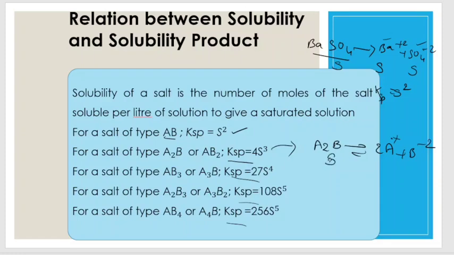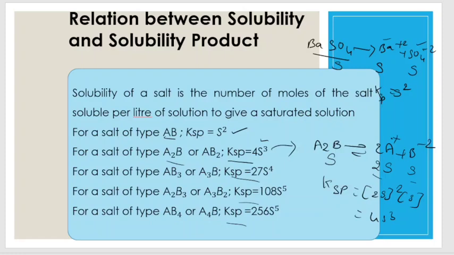Then for S moles of A2B, there will be 2S moles of A+ in the solution, and S moles of B 2-. But according to the definition of solubility product, the concentration of A+ ion, which is 2S, has to be raised to the power 2, so we write (2S) whole square into S, which is 4S cube. So for the A2B type electrolyte it is 4S cube.